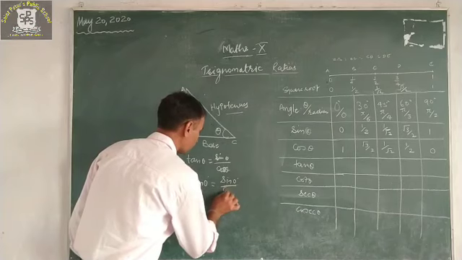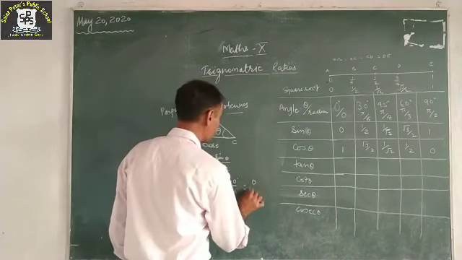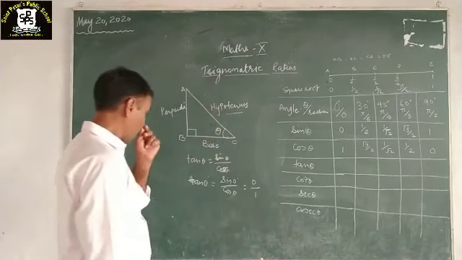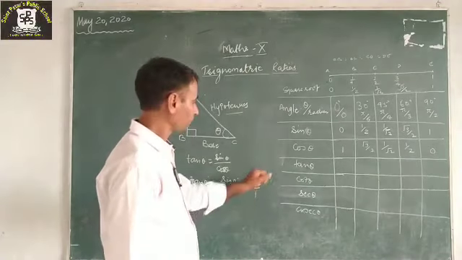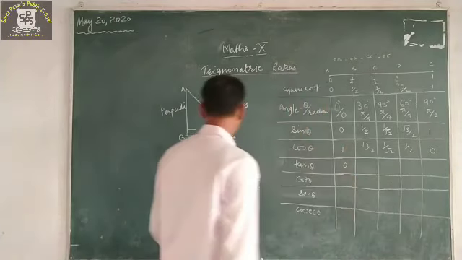Sin 0 degree upon cos 0 degree, and the value of sin 0 degree is 0 and the value of cos 0 degree is 1. If I divide 0 by 1, then what will be the answer? It will be 0. So tan 0 degree will be 0.